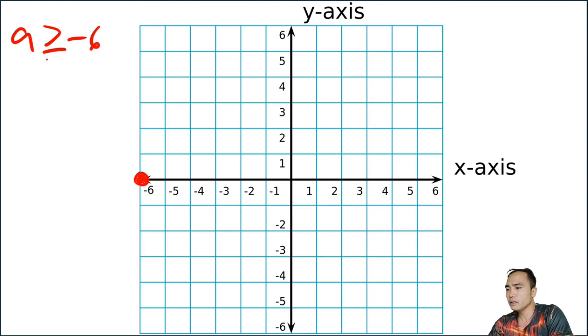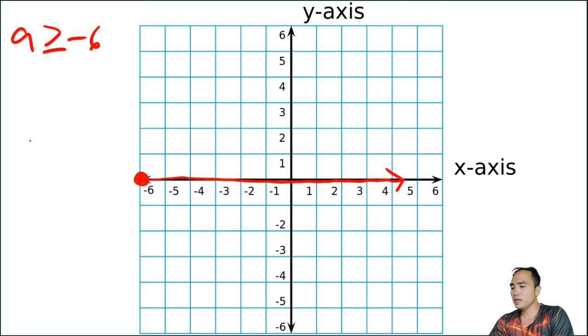From negative 6 going to the right side of our number line, we have the solutions negative 6, negative 5, negative 4, negative 3, negative 2, negative 1, 0, 1, 2, 3, and all of the positive numbers.